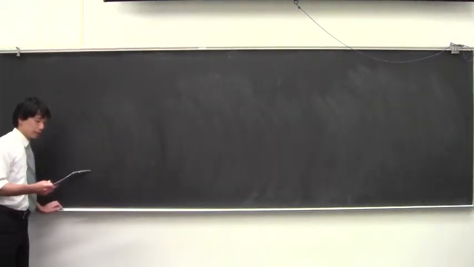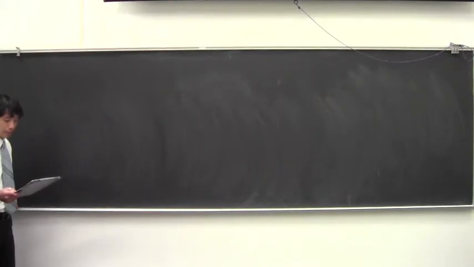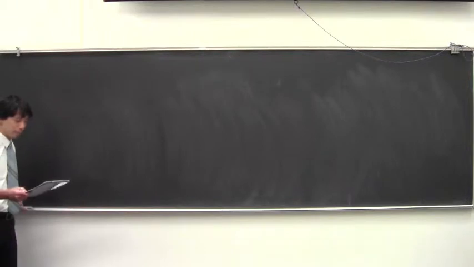So there's one thing that I didn't mention last time, but I'm not really sure if it's that important to mention. But let's do it anyway. We did implicit differentiation last time.